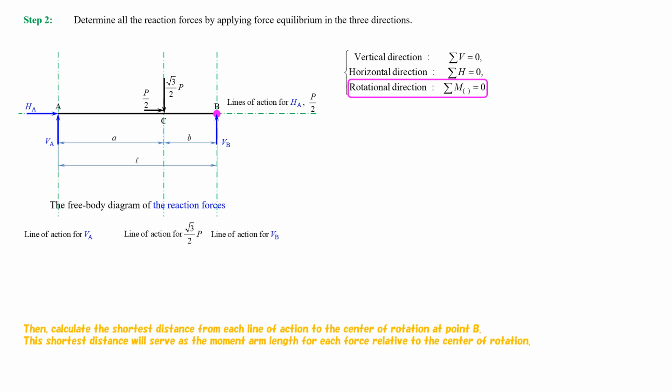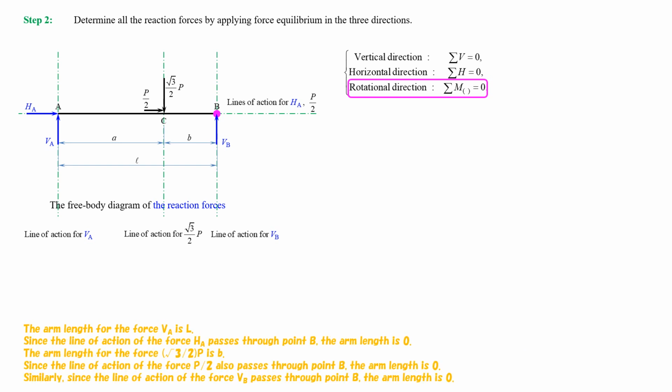Then, calculate the shortest distance from each line of action to the center of rotation at point B. This shortest distance will serve as the moment arm length for each force relative to the center of rotation. The arm length for the force VA is L. Since the line of action of the force H passes through point B, the arm length is 0.